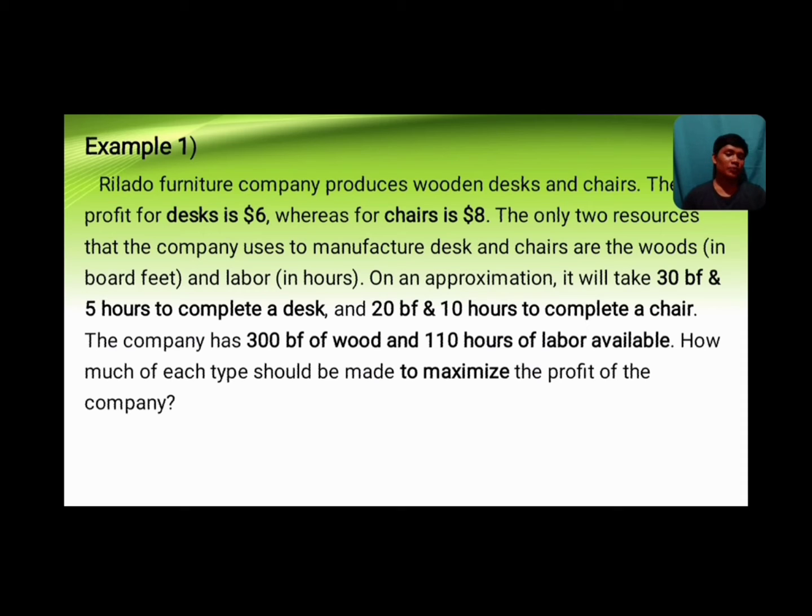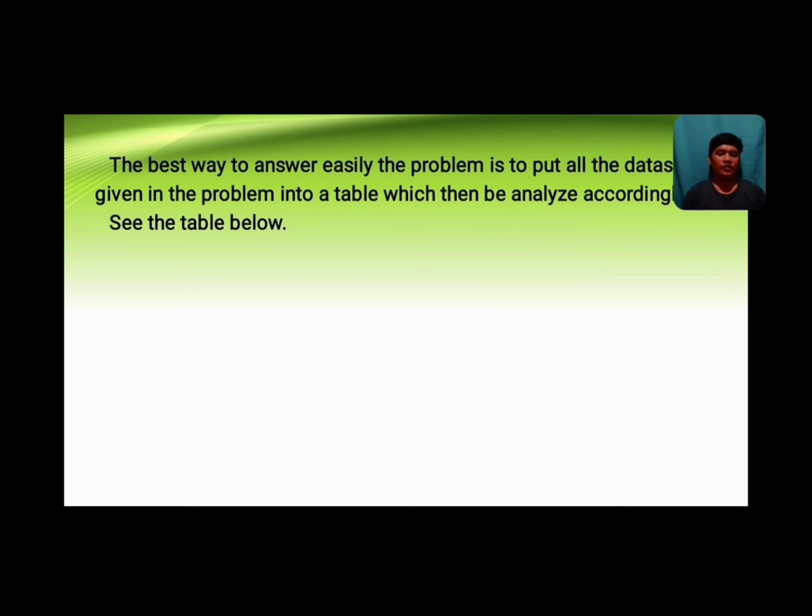So using the LP problem graphical method, the management can come to a decision on how to allocate the limited resources to maximize profits. The best way to answer the problem easily is to put all the data given in the problem into a table, which can then be analyzed accordingly. So see the table below.